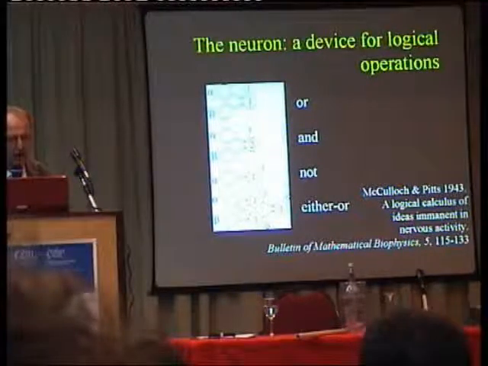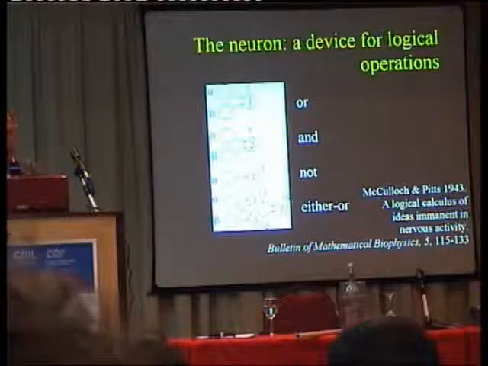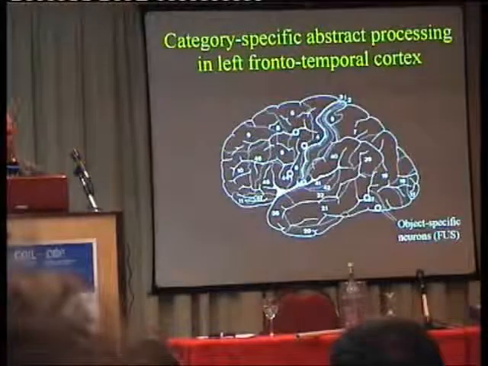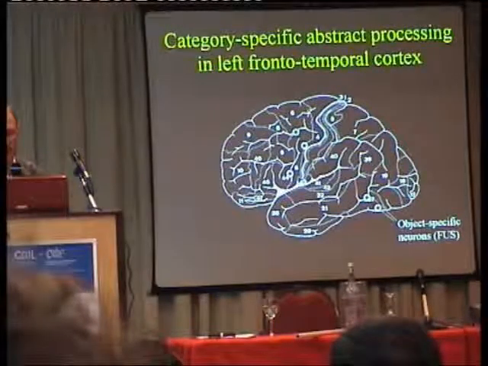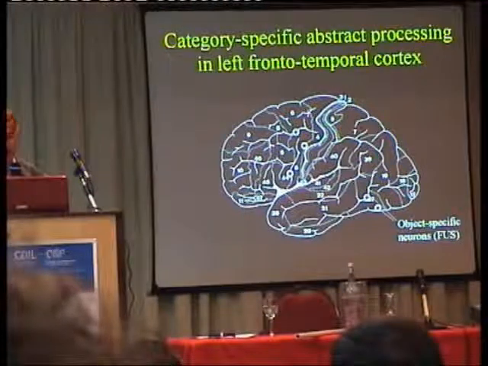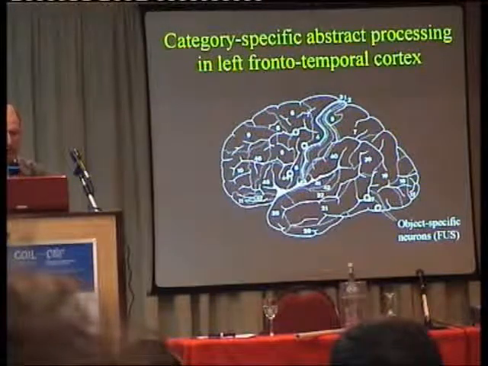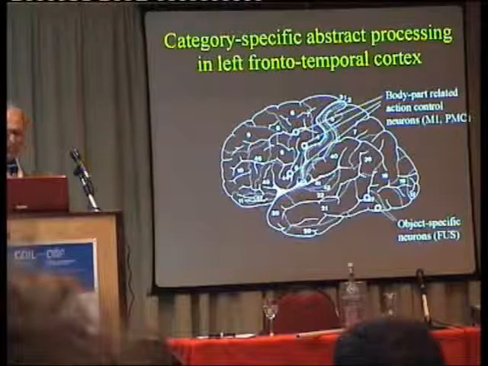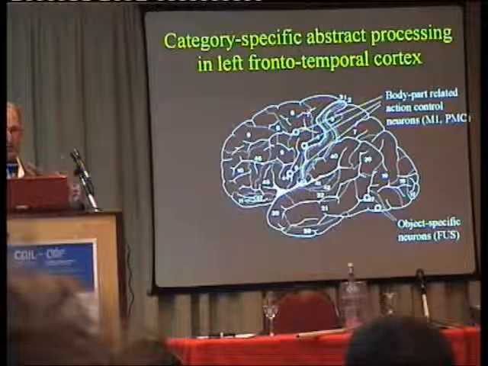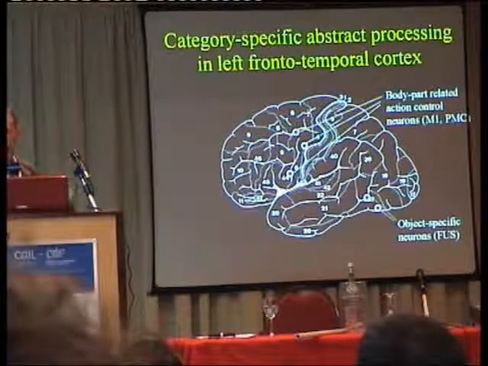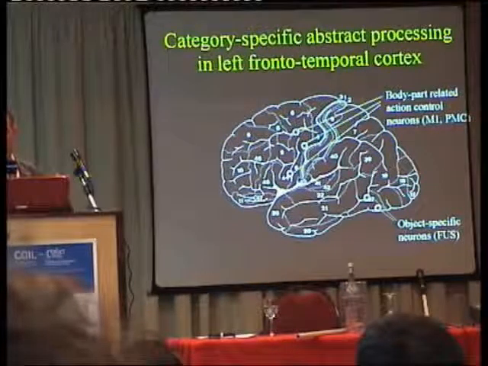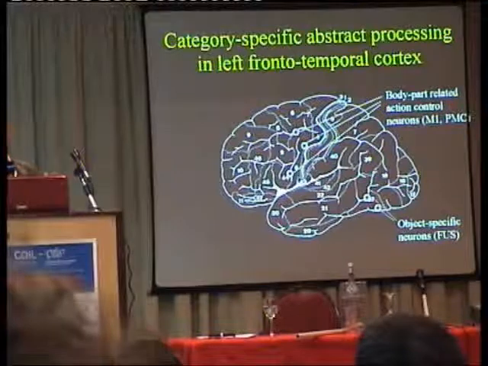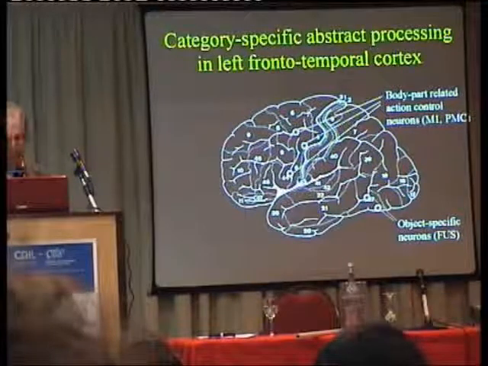But how can we now approach our word meaning problem with such abstract, for example, either-or processes? The answer here is quite simple. If we look at the motor system, the premotor cortex, the motor cortex, we have there, as we have shown, body part-related action control neurons that may play a role in semantic networks.